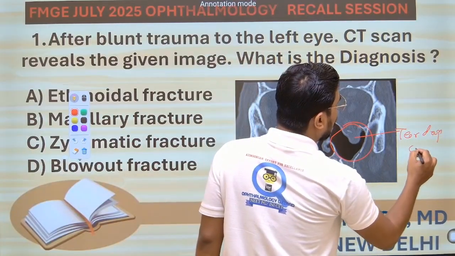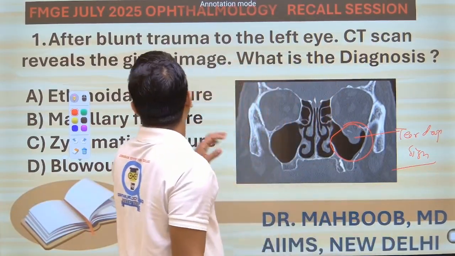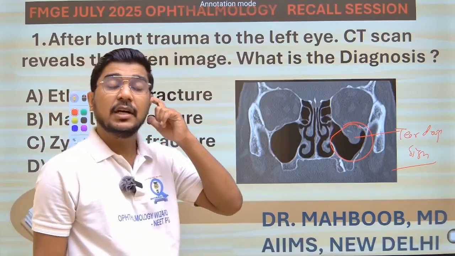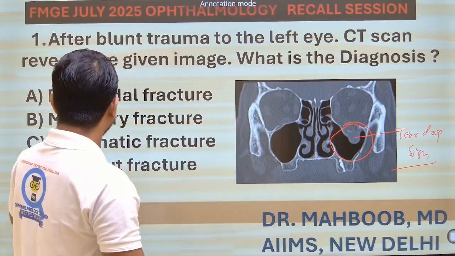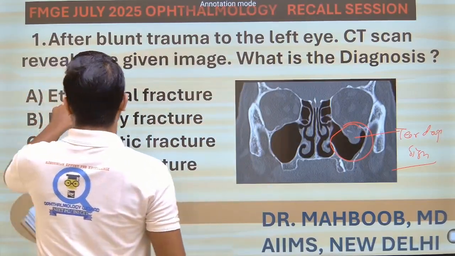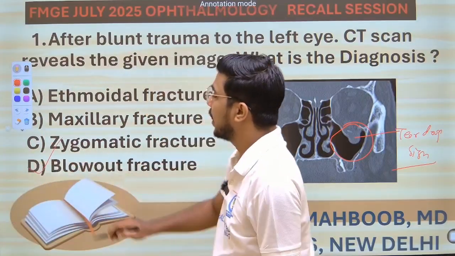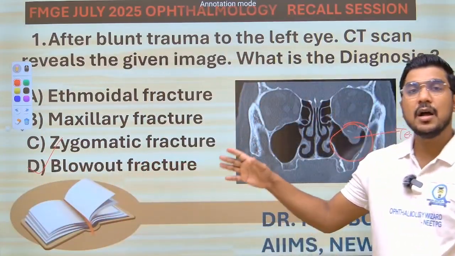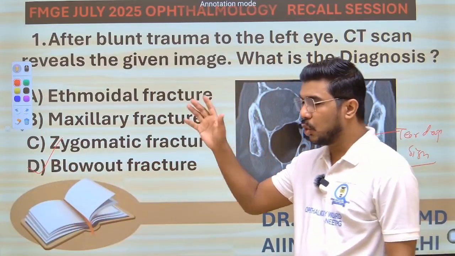And this teardrop sign in a blunt trauma is a feature of what? Blowout fracture. So blowout fracture will be the answer for this MCQ.